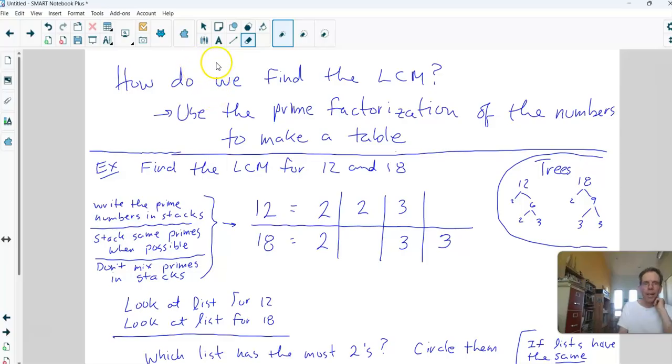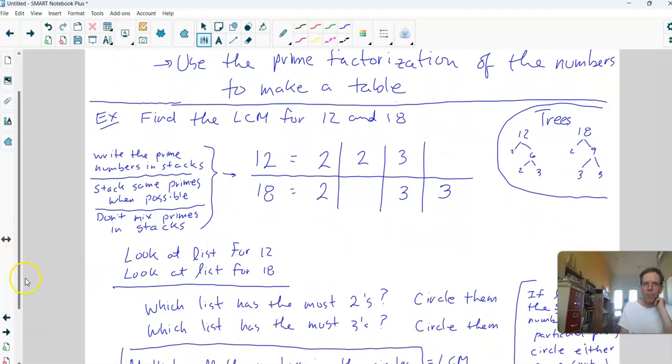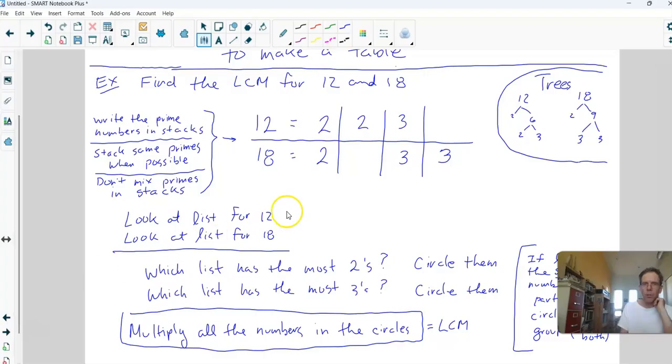Okay. Now that we've got it arranged in this special way, we look at each list of the primes for the numbers we were given, which were 12 and 18. So this is one list, and this is the other one. Which list has the most 2's? Circle them. So you can see the 12 has the most 2's. It has 2 of them, whereas the 18 only has 1.